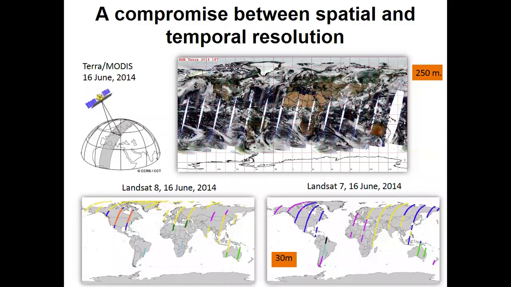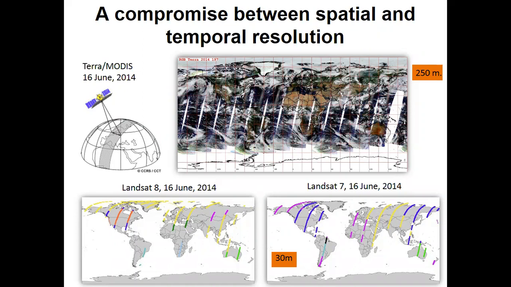And actually, this is usually a compromise between the resolution and revisit time. Let's say between spatial resolution and temporal resolution. For example, here you have the satellite coverage from the Terra satellite for one day, which covered virtually the whole Earth, excluding Antarctica, because of polar night there at the shooting time.